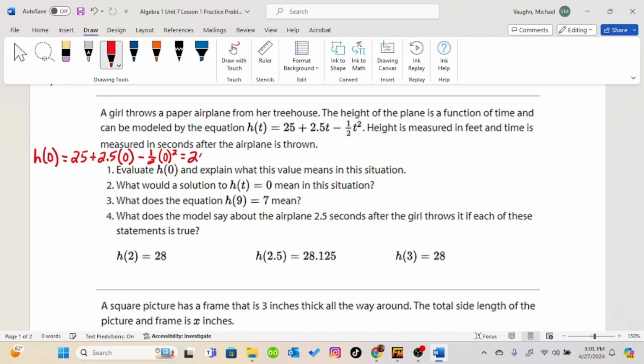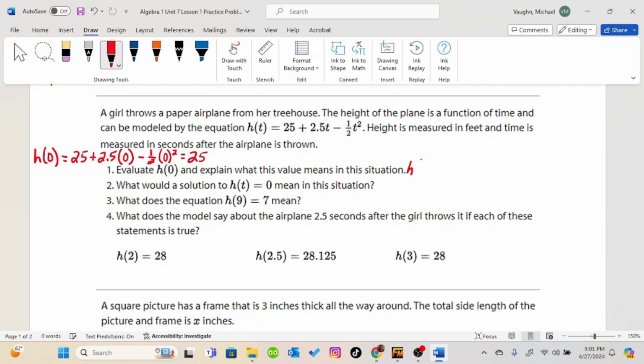This is going to equal 25. 2.5 times 0 is 0, and negative 1/2 times 0 squared is also 0. So the only thing that is left is 25.